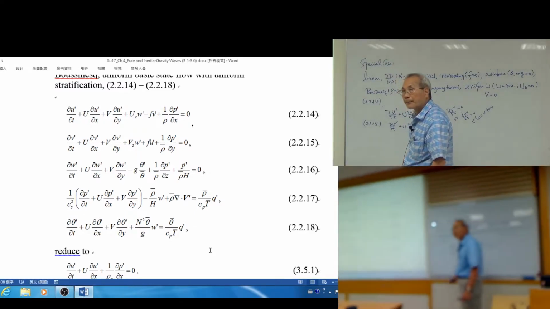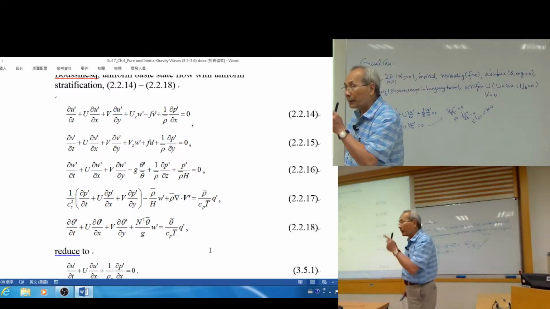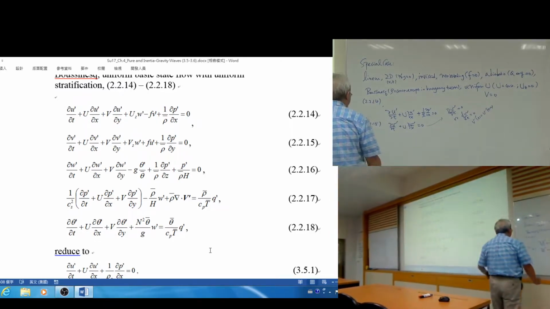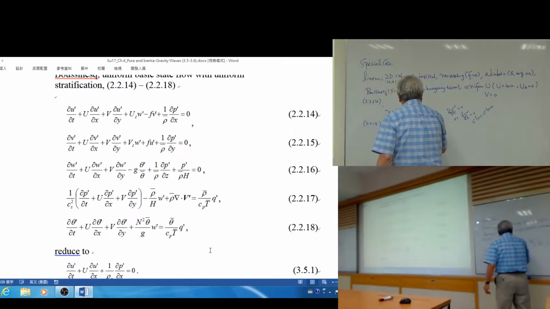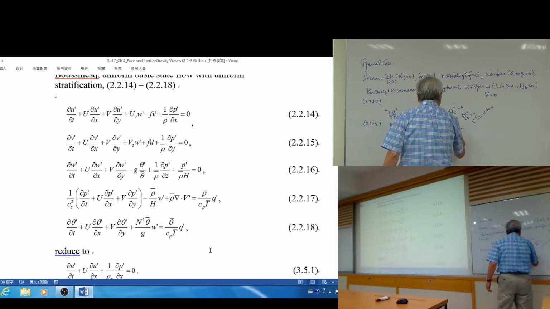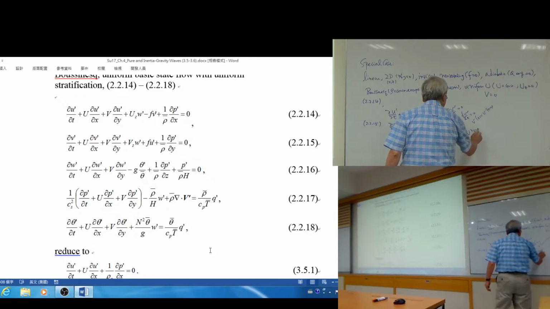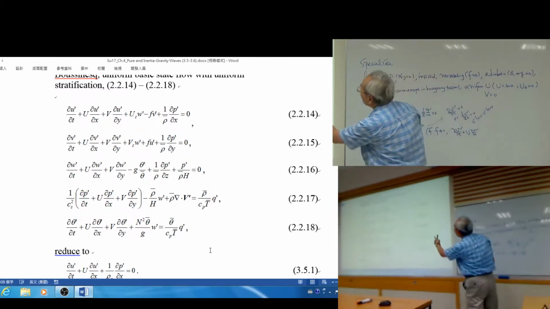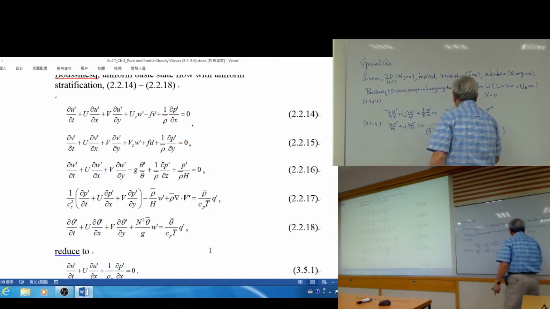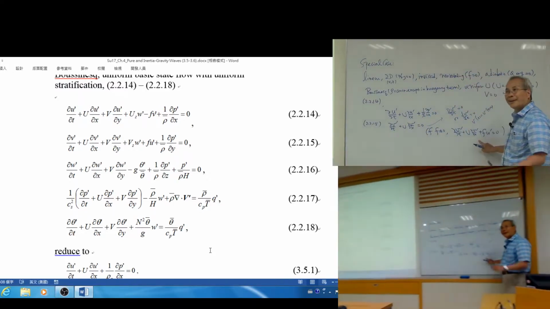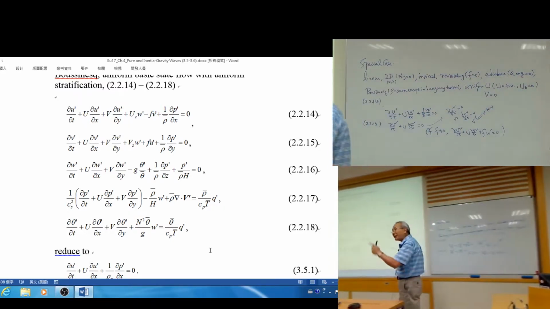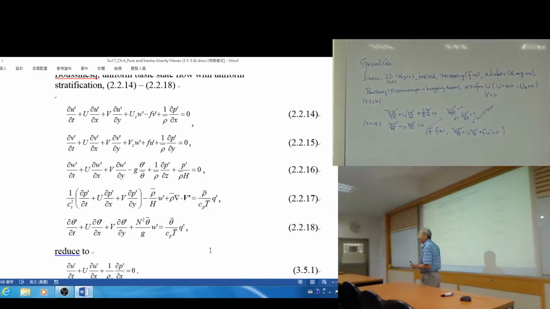However, if you have rotation, then we have dv prime dt plus U dv prime dx, and then f u prime equals 0. Be careful, a lot of people don't know. Even some senior scientists don't know.